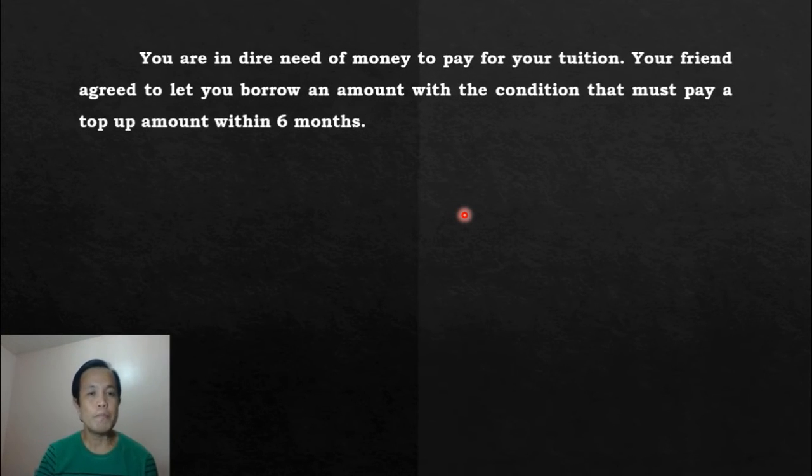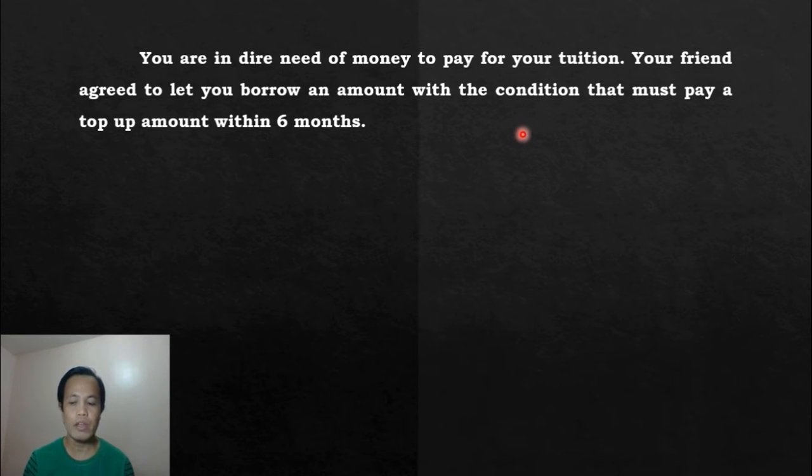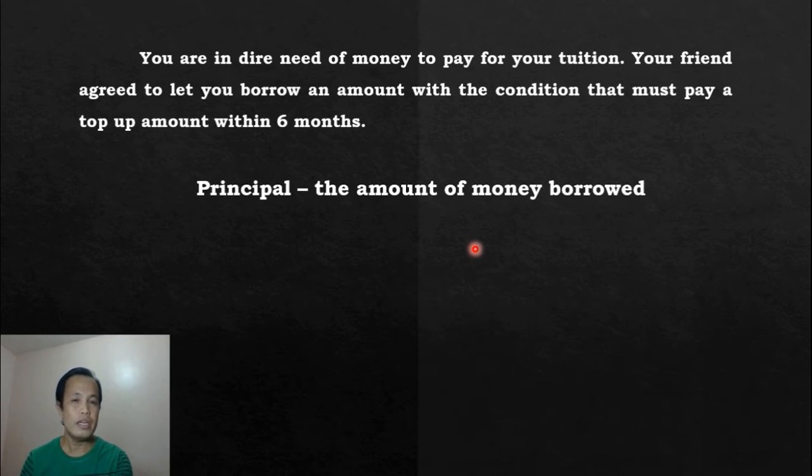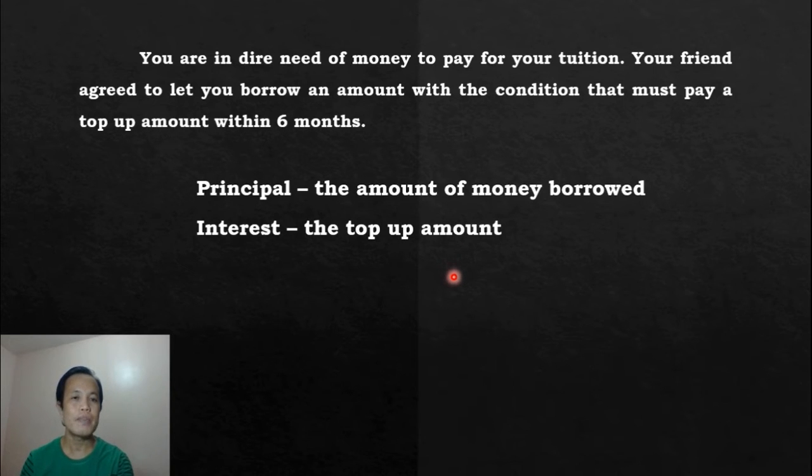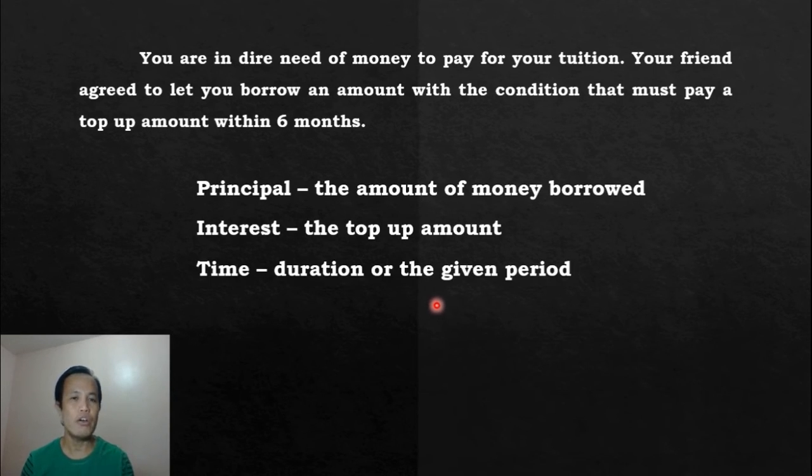So to start, suppose you are in dire need of money to pay for your tuition. Your friend agreed to let you borrow an amount on the condition that you must pay the top-up amount within 6 months. In this situation, the amount borrowed is the principal, and the top-up amount is called the interest, and of course, the duration or the given period is called time.